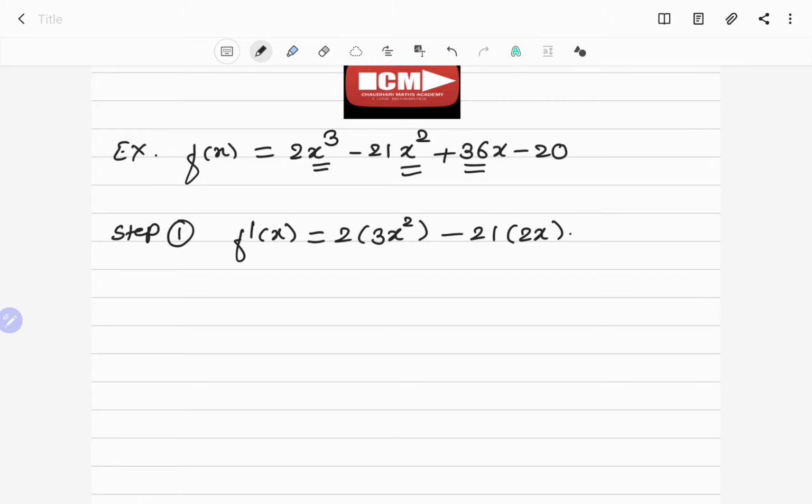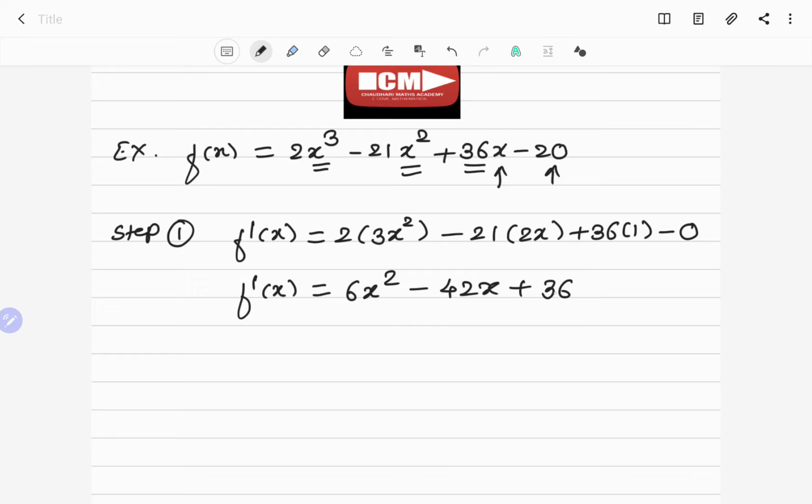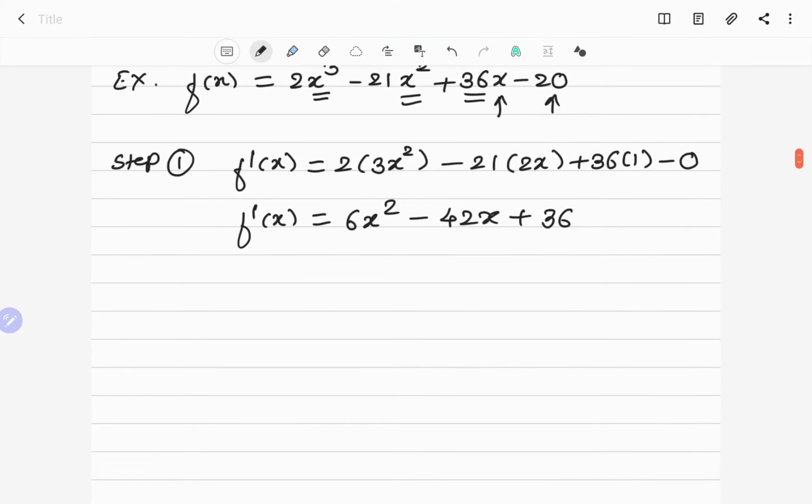Keeping this 36 as it is, the derivative of x is 1 and the derivative of the individual constant is 0. So finally the first derivative f dash of x is 6x square minus 42x plus 36.